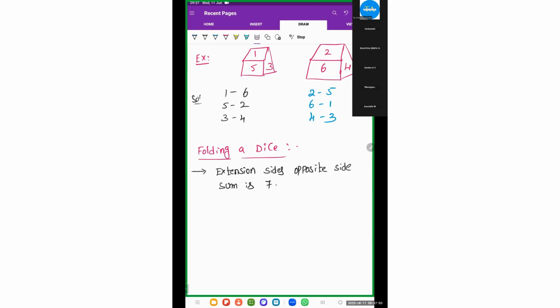And the second one is that alternate faces are opposite to each other.